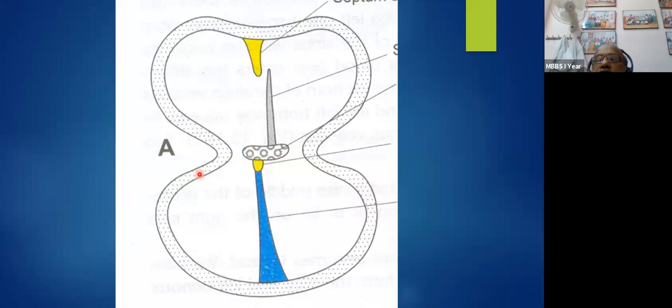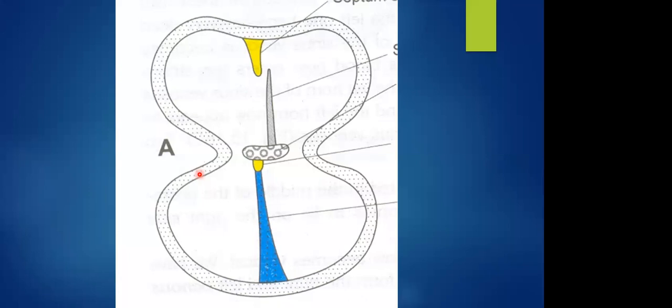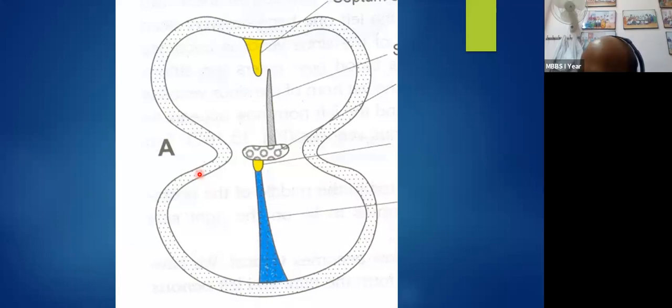What is the origin of the left coronary artery? Devi Bala, number 35. What is the origin of coronary arteries, right and left?